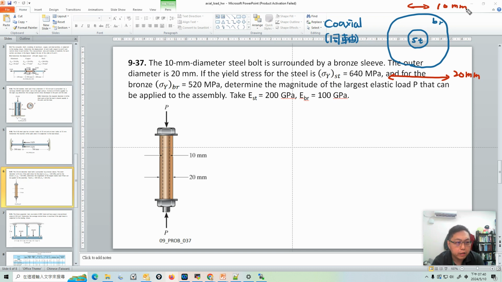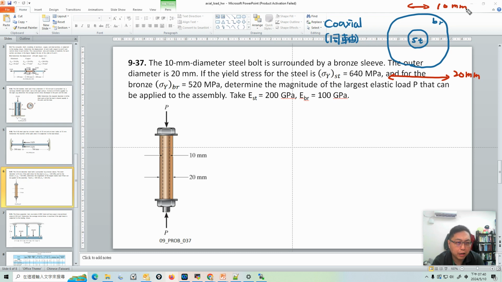In this problem, he gives you the yield stress, which is kind of special. The yield stress of the steel is 640 megapascal, and the yield stress for the bronze, not brass, bronze, is 520 megapascal.